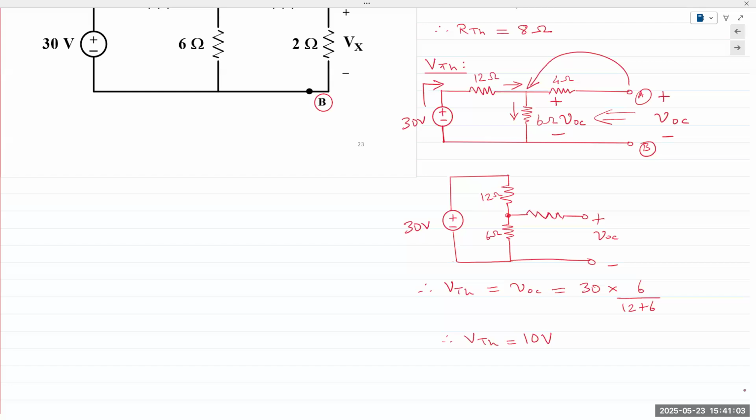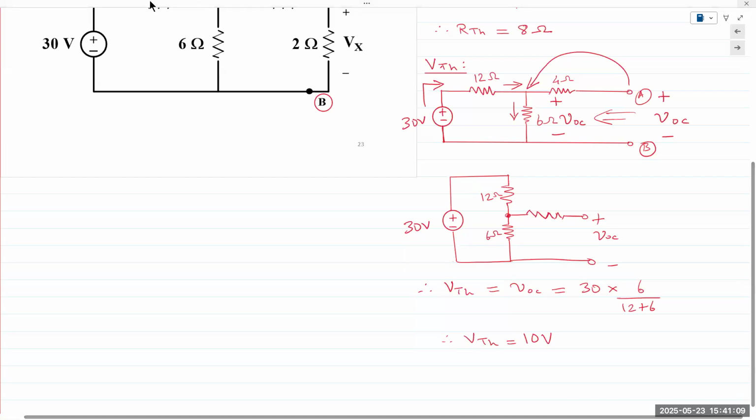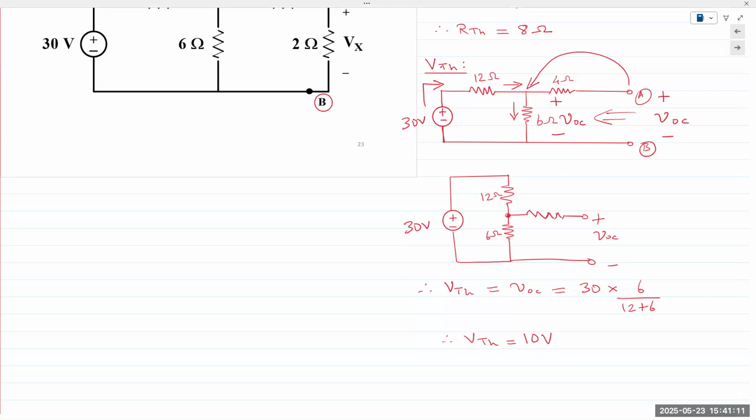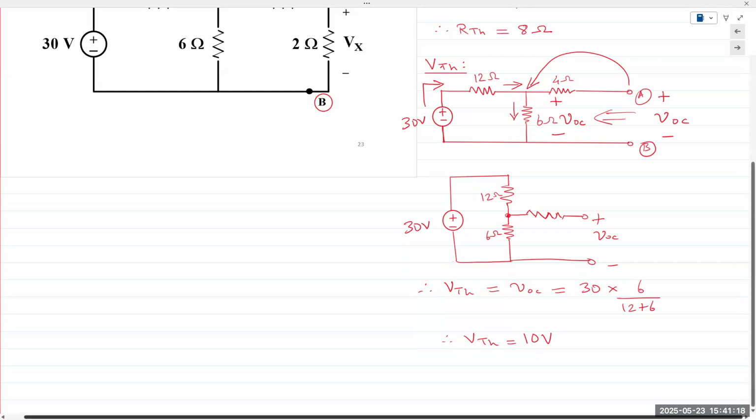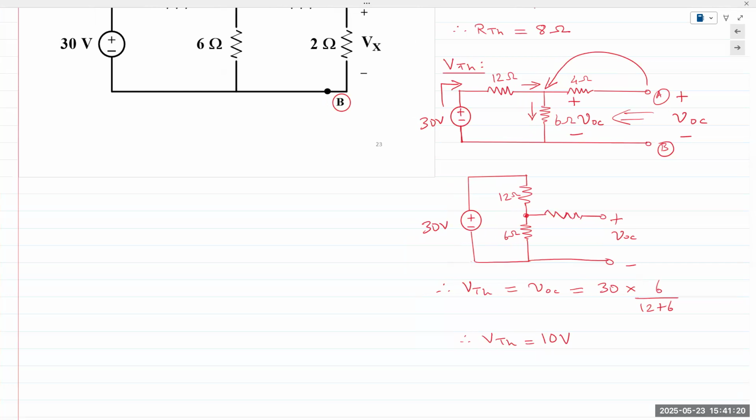Did that make sense to everyone? Okay. All right, then let's look at Norton current, and I'm going to go to the left. Okay. Let's draw a line right there.